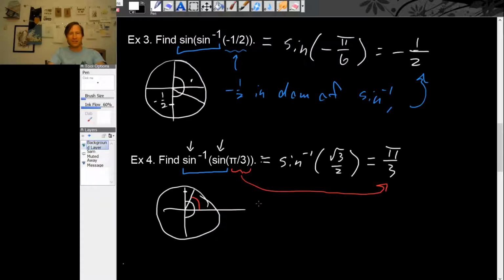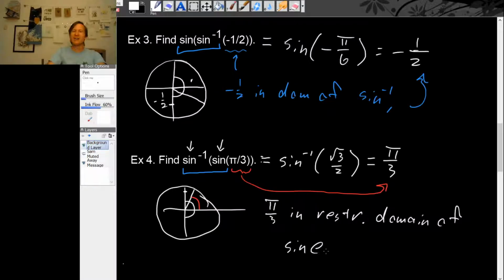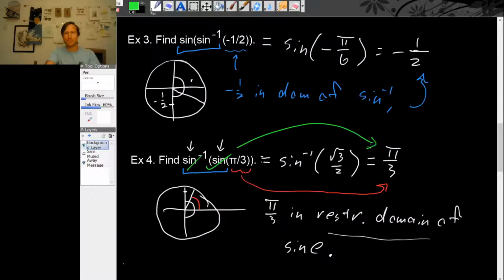And in this case, that's true. π/3 is in the restricted domain of sine. Remember, sine and inverse sine are only inverses on the restricted domain of sine. But π/3 is in the restricted domain of sine. So yeah, it works just like you would expect. These two functions just undo each other and you get π/3.